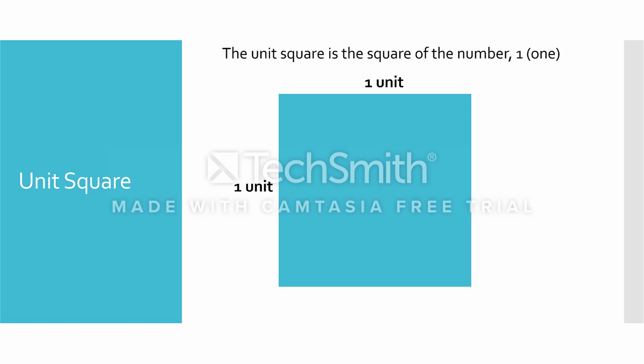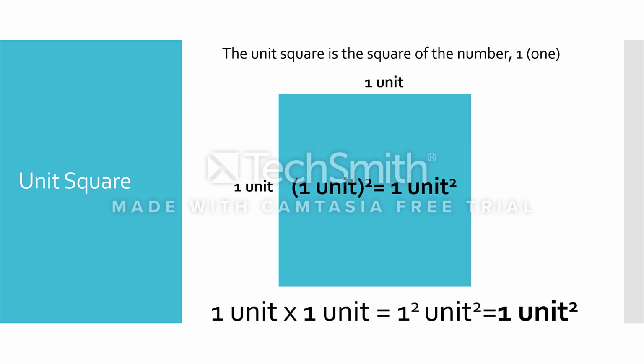So based on what we learned about squaring a unit, we know that 1 times 1 is 1. And if we're multiplying the unit by itself, we can also know that it is squared. So a unit square is equal to 1 unit squared. This can also be shown in mathematical terms below.